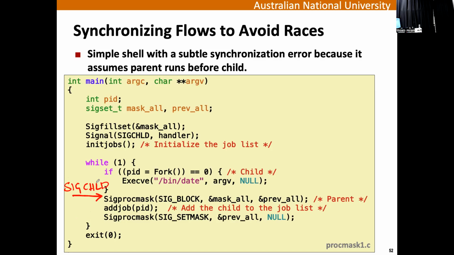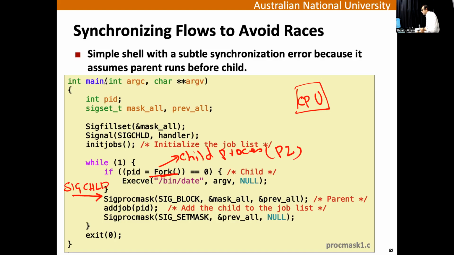If you fork the child process, and you're done with the job, there's only one CPU. This is a child process. This is process number 2. Let's call this process number 1. You agree? Process P1, process P2.